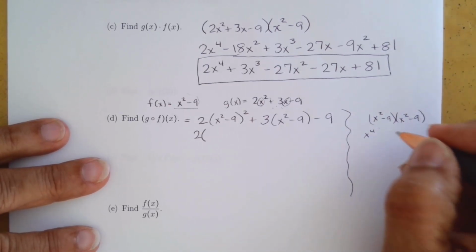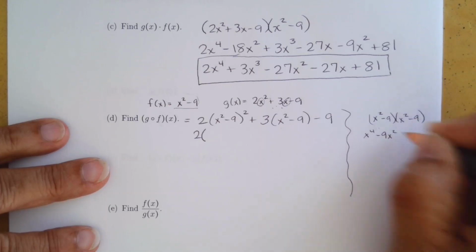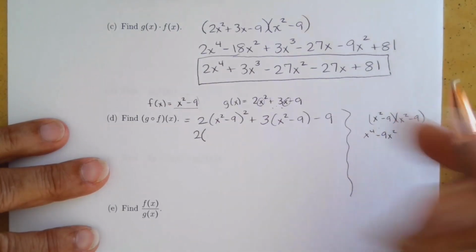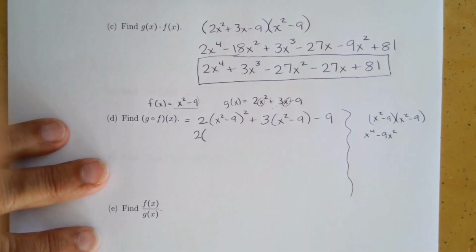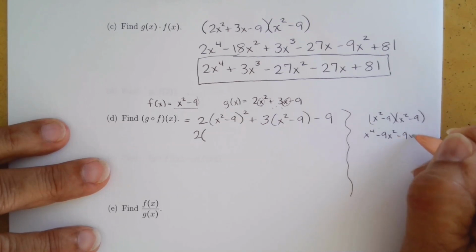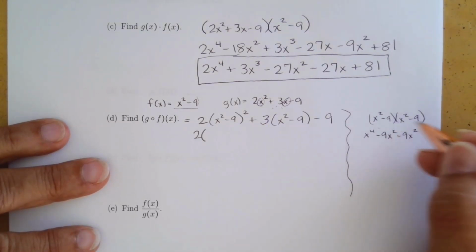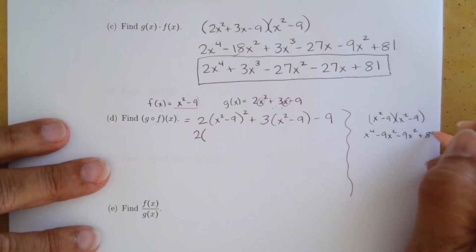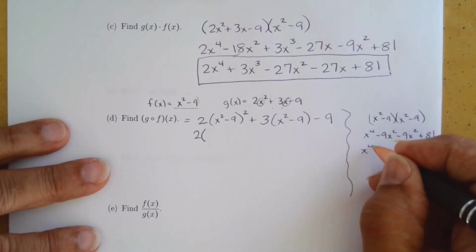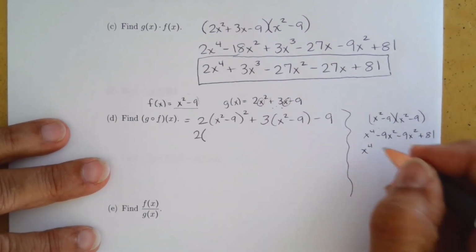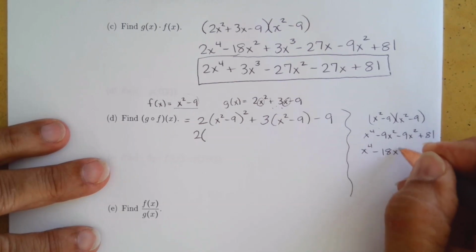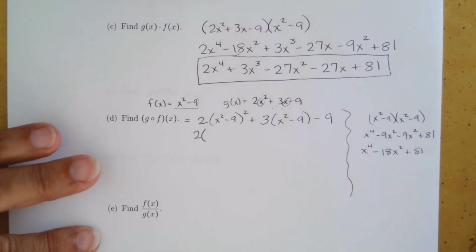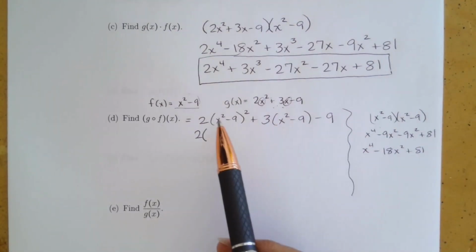Outer: x squared times negative 9, negative 9x squared. Inner: negative 9 times x squared is negative 9x squared. And last: negative 9 times negative 9, positive 81. You can add those two middle terms, negative 9x squared and negative 9x squared is negative 18x squared. So that's what you get when you square that.